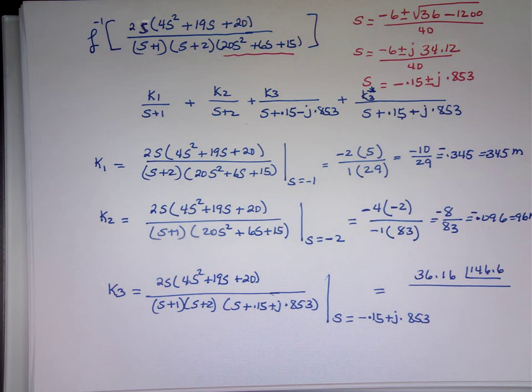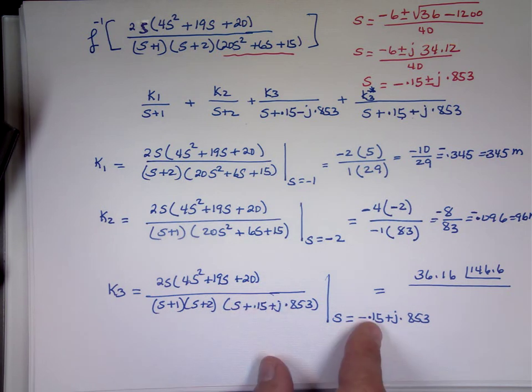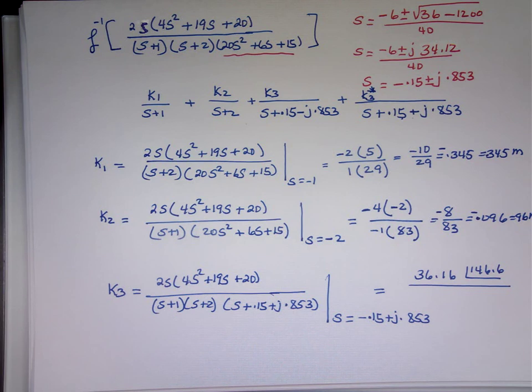Negative 0.15 plus 0.853I plus the 1 times negative 0.15 plus 0.853I plus 2 times... the 0.15 will cancel each other out. 2 times that number. 2 times 0.853I.